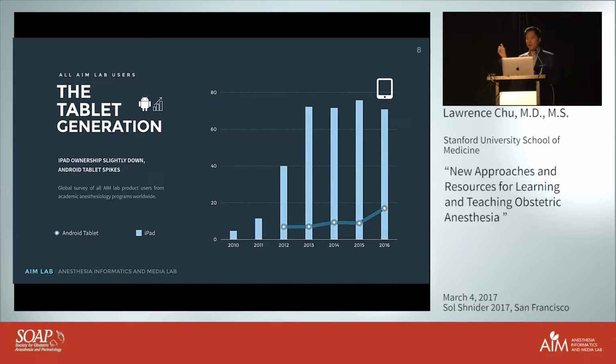Though again, last year for the first time, we did see a downtick in iPad and an uptick in Android. So I don't know what that means for Apple. It is, from what I heard, an all-time high in their stock price. I don't know what that means. It's just information.